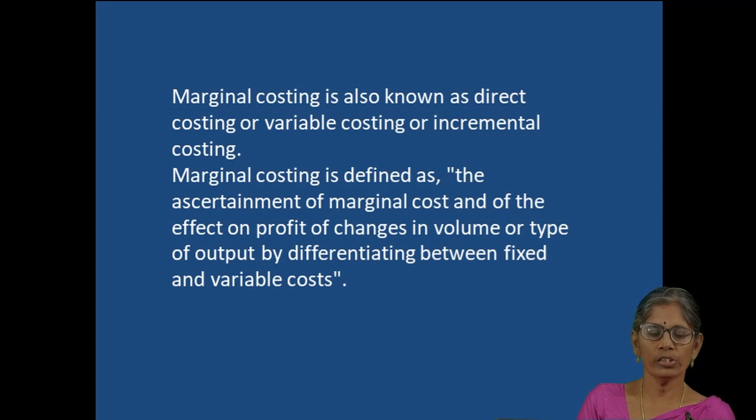It includes determining the marginal cost for a product. Not only do we calculate the marginal cost, but we also have to find out the impact on profit if there is a change in the volume or type of output. While calculating the changes, we have to make a difference between fixed costs and variable costs.